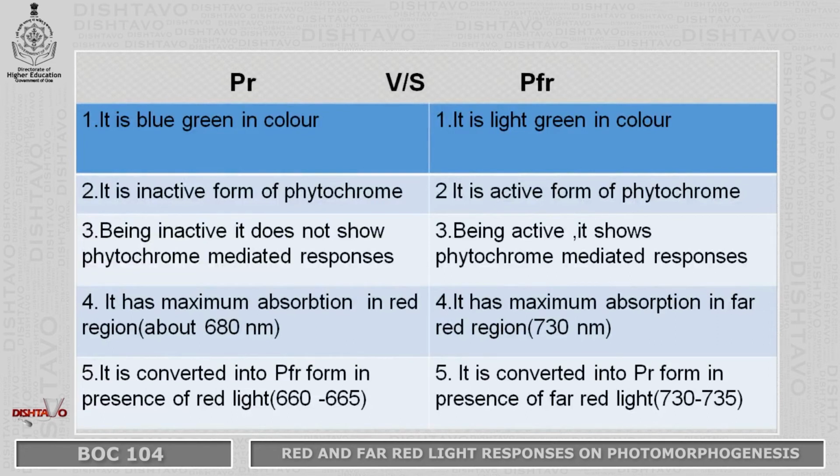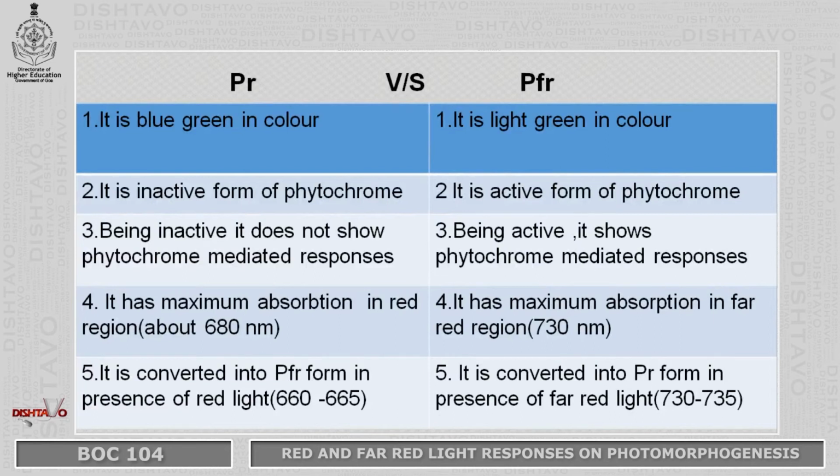So the first point of difference is PR is blue-green in color, whereas PFR is light green in color. The second point of distinction, PR is the inactive form of phytochrome, whereas PFR is the active form of phytochrome. The third point, being inactive, PR does not show phytochrome-mediated responses, but PFR, being active, shows phytochrome-mediated responses.